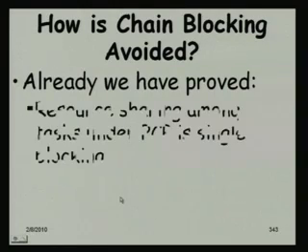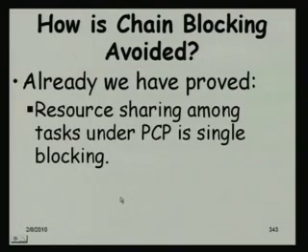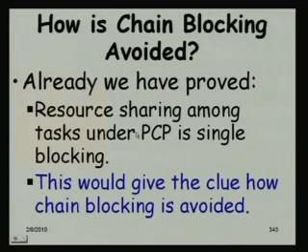Now, what about chain blocking? I have already shown that it is single blocking, and if we say how chain blocking is avoided, then we will have to show how we argued that it is single blocking.